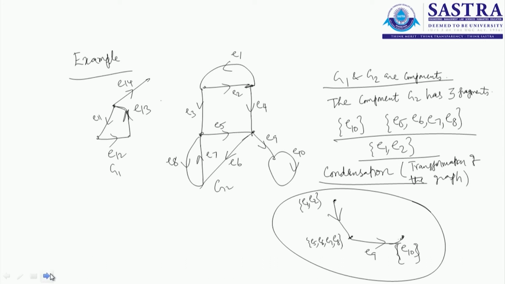Okay. So now what we do is we define accessibility. Now you can see the word accessible. It is clearly understood here. What is this accessibility?